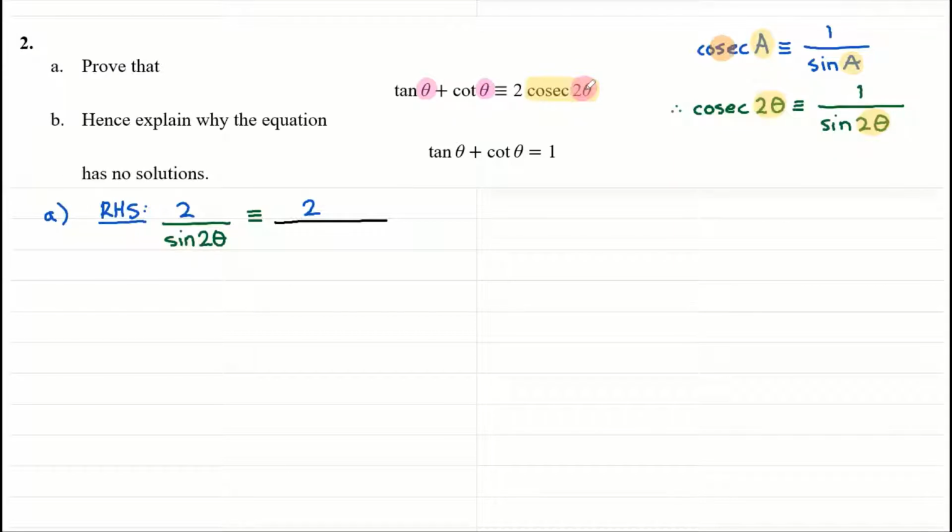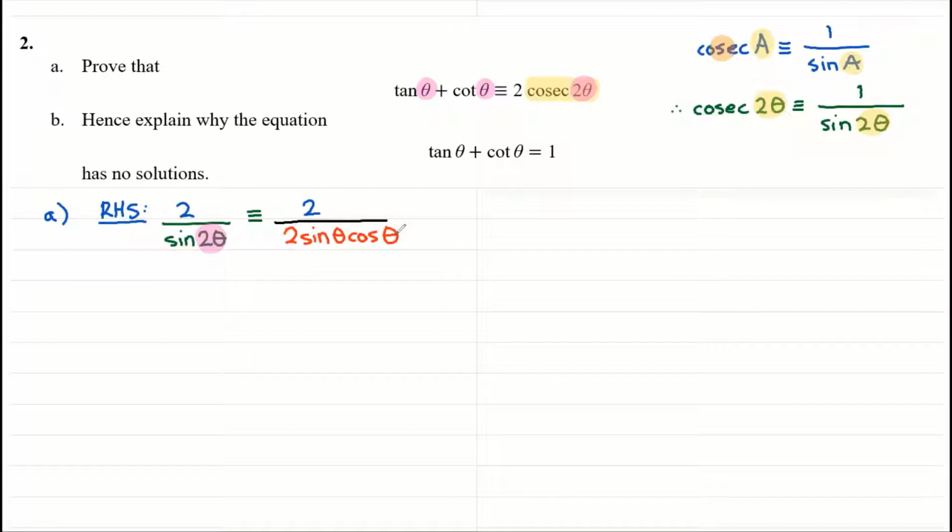So if I'm going to prove the left-hand side in this proof, I've got to break down my 2 theta into just theta. And the only way to do that is to use the double angle identity, but I think that was pretty obvious anyway. So I'm going to have to use 2 sine theta cos theta for that.